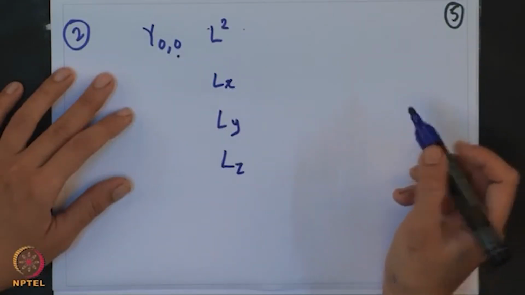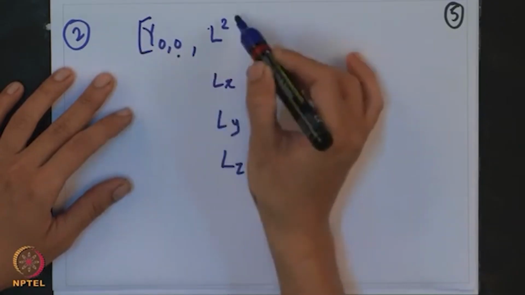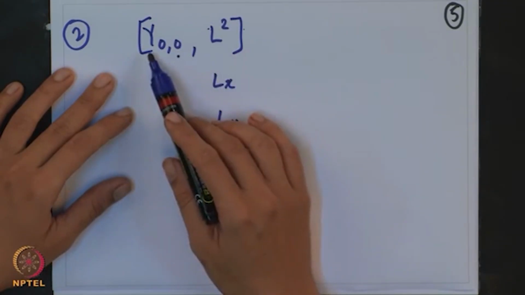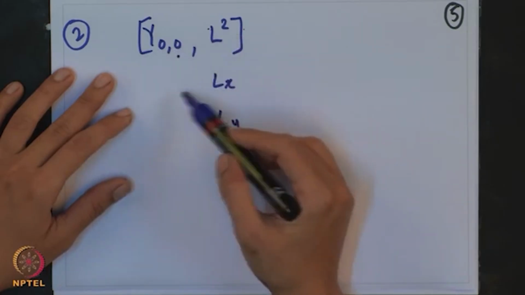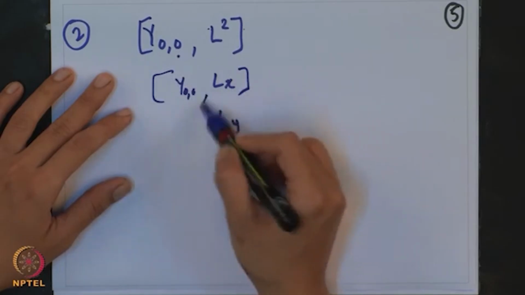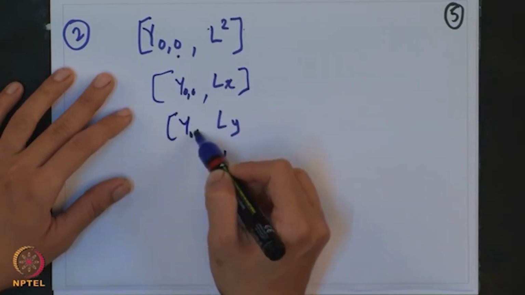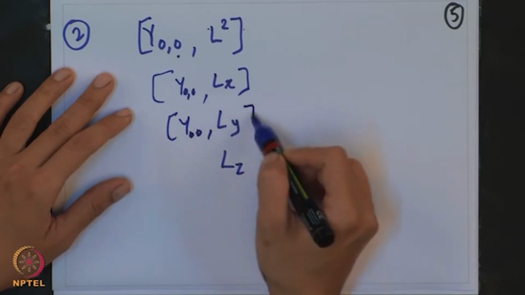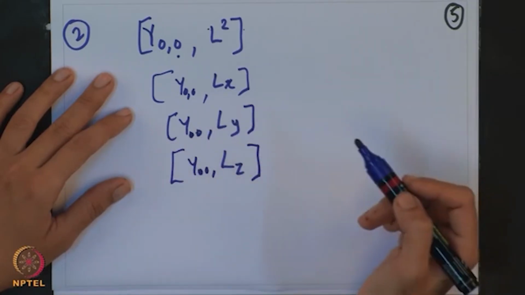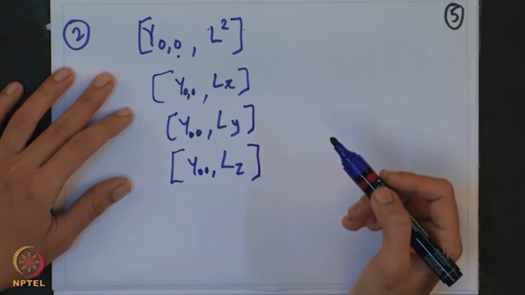What do I mean by this? You have to find out the commutator of L square with y00, and of Lx, Ly and Lz with y00.